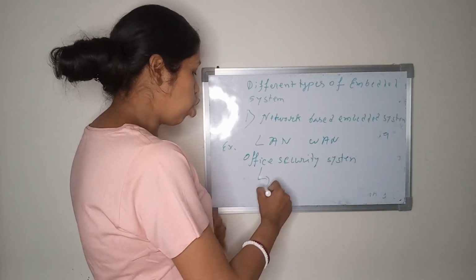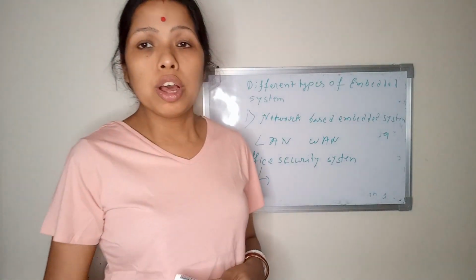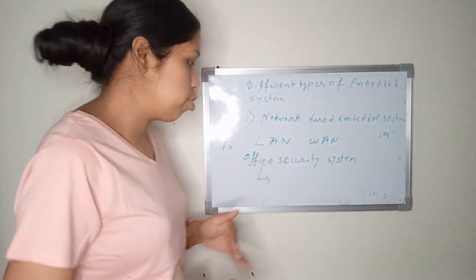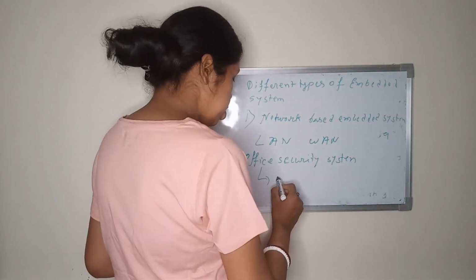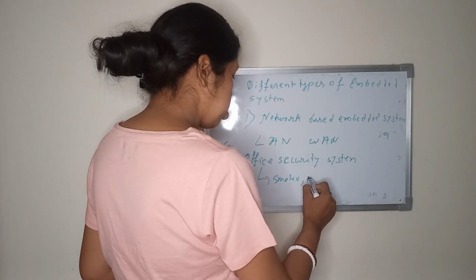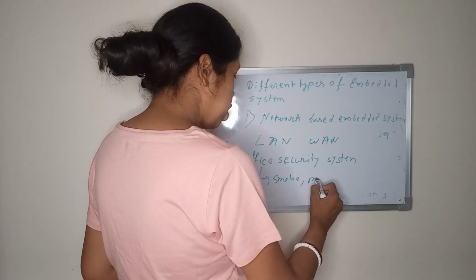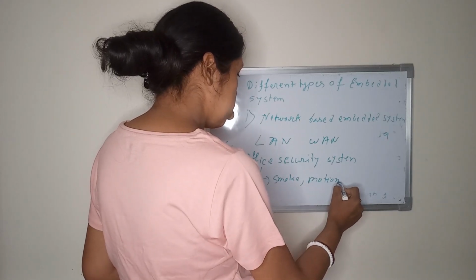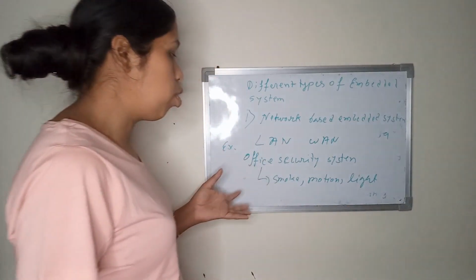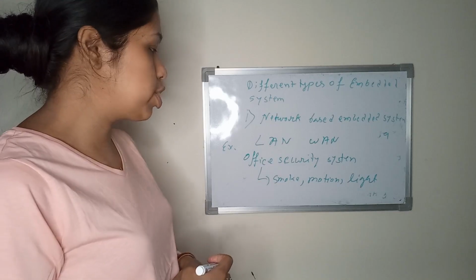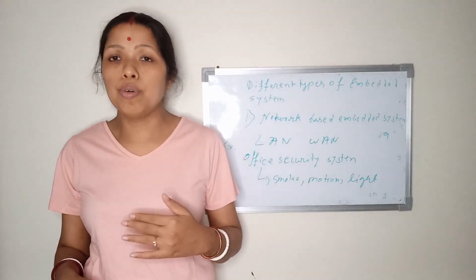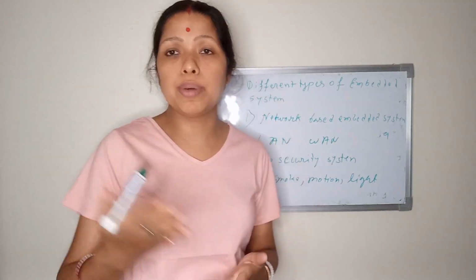The office security system provides the security of the office. Here different kinds of sensors are connected: smoke detector, motion detector, and light sensor. These various sensors are connected inside the embedded system, so you can check whether someone is in the office or not.